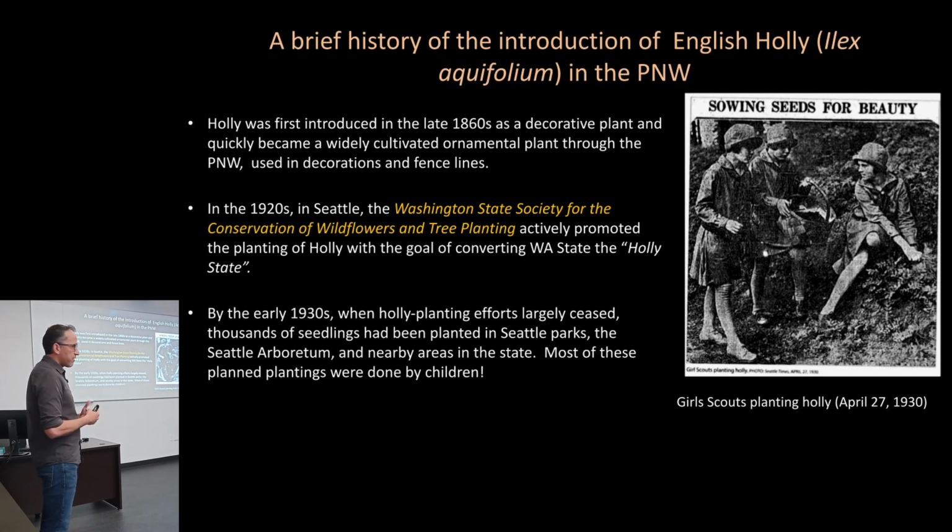And it was very economically successful too. So in the 1950s and 1960s, there were over 200 holly farms in Washington State, and people were very excited about this. Nowadays, I think there are only 3 to 5 active holly farms in Washington State, but it was very popular in the 1950s.